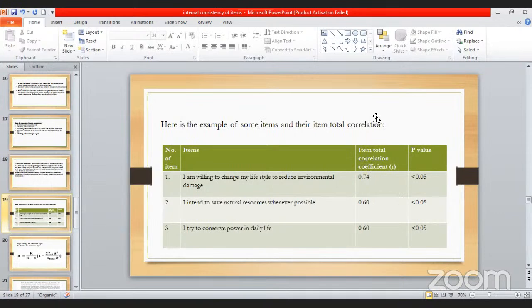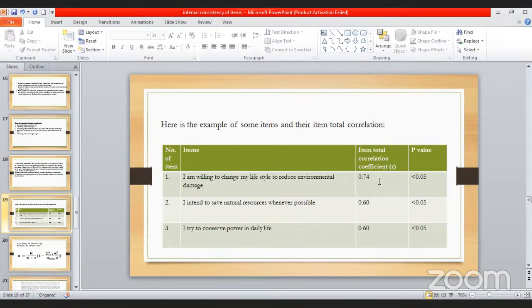Here is an example of just 3 items extracted from these 55 items. In that case, we can't show you all 55 items, so just for the idea, I will show you 3 items with their item total correlation coefficients and p-values.